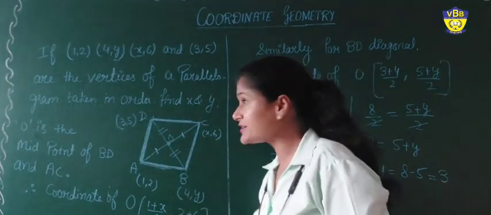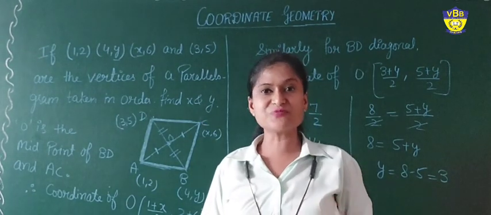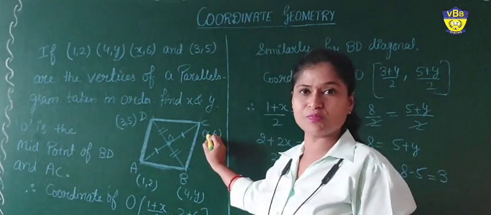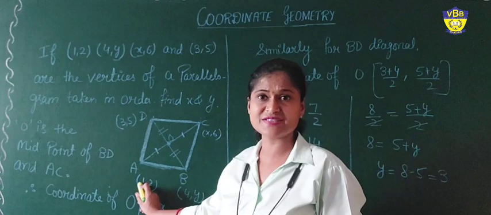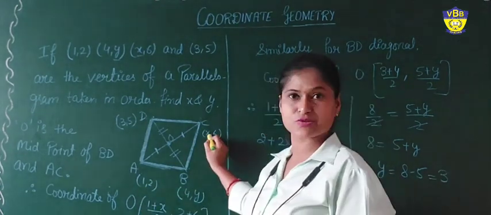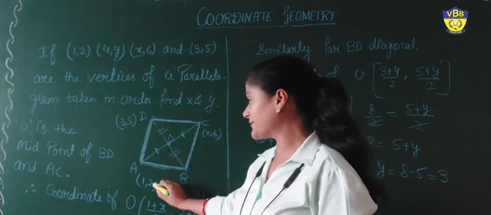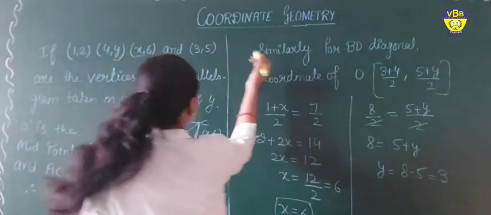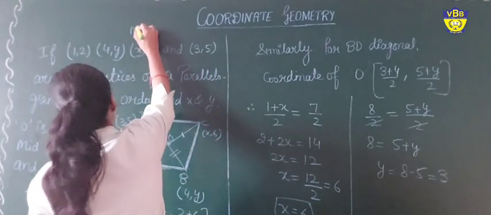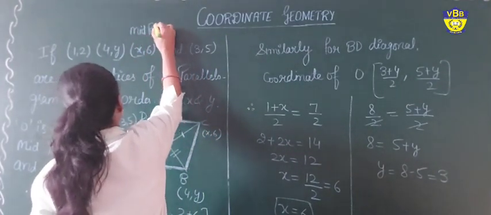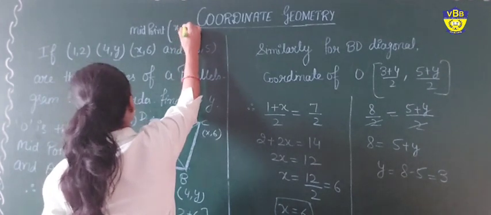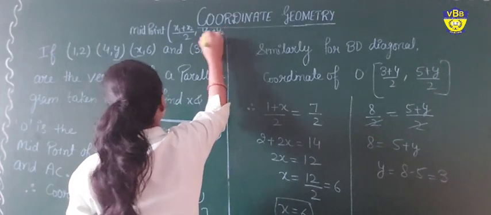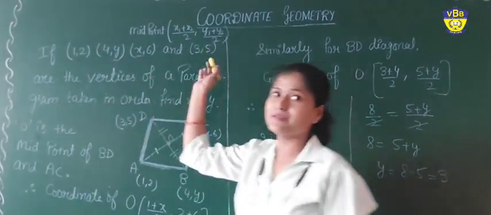What will be the midpoint? Midpoint formula: x1 plus x2 divided by 2, y1 plus y2 divided by 2. I hope it is clear.